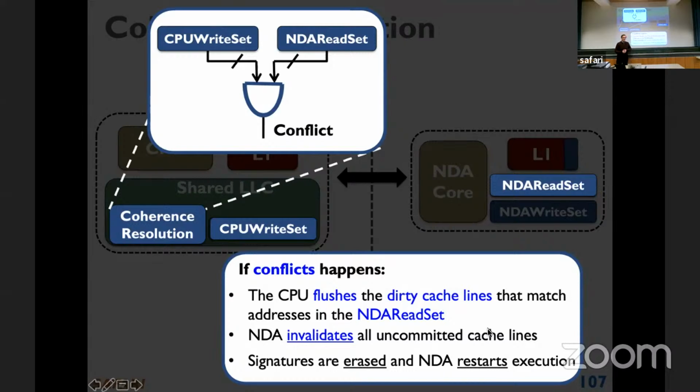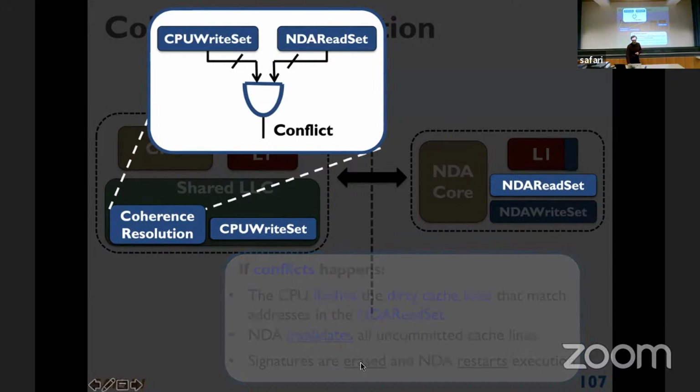So it's actually a bit messy because you need to go through your cache to actually flush things. So there's overhead associated with it. I wouldn't call this a simple mechanism, essentially. That's why there's need for more research in this area. And then NDA invalidates all uncommitted cache lines because it didn't have permissions to at least one thing over there. And then signatures are erased and NDA restarts execution.